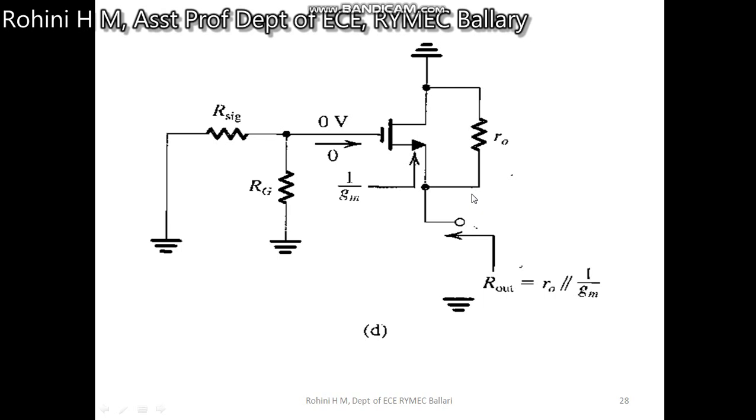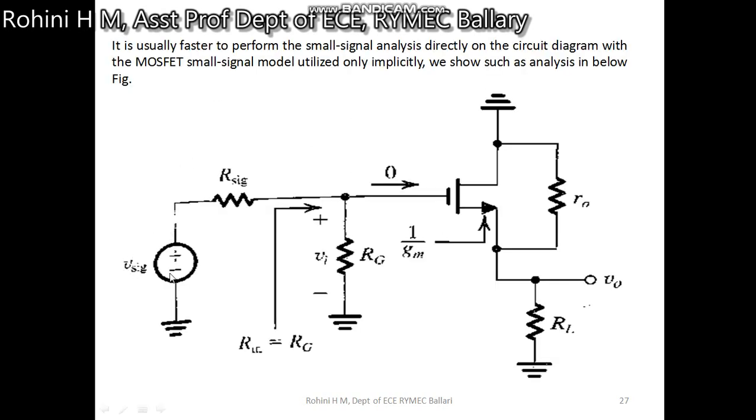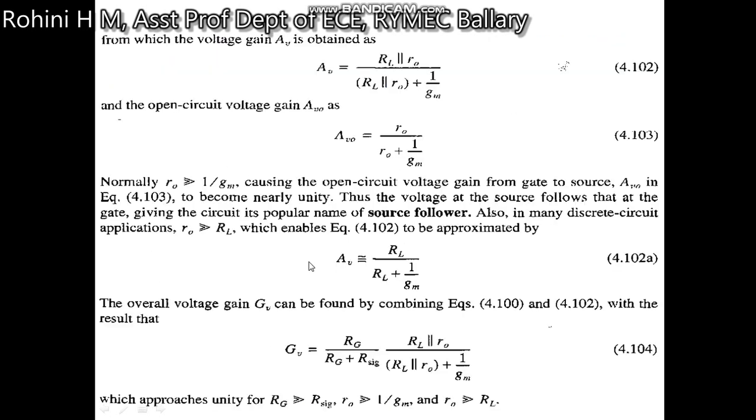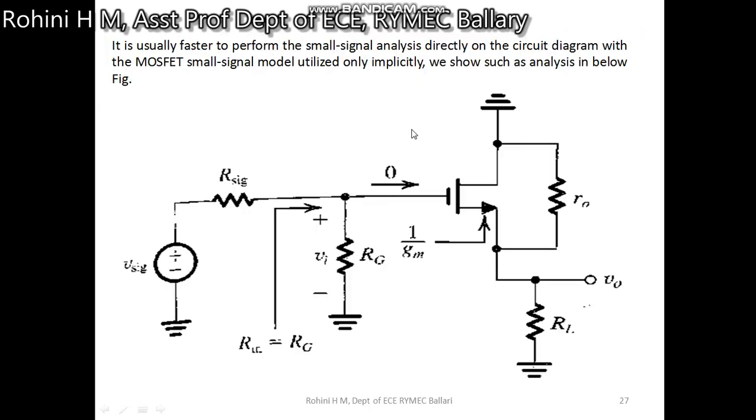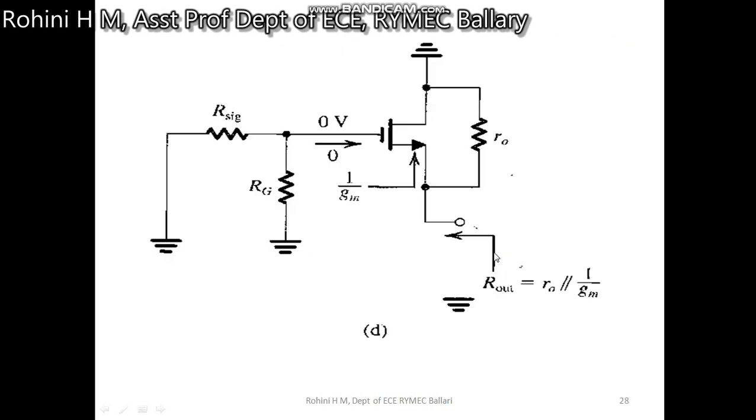For the Thevenin's equivalent circuit, what we are doing is making the voltage source a short circuit and the current source an open circuit. So look at the small signal diagram. This is replaced by a short circuit and this is replaced by an open circuit. So we are getting this circuit.